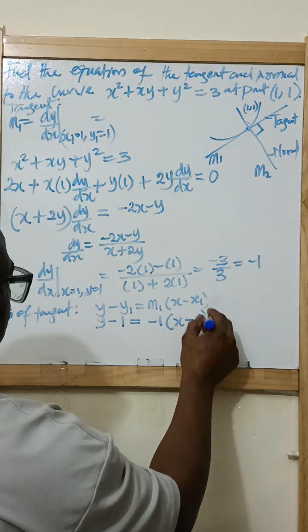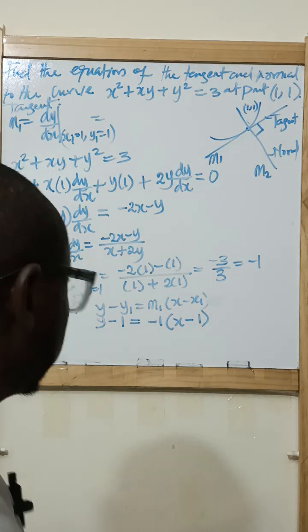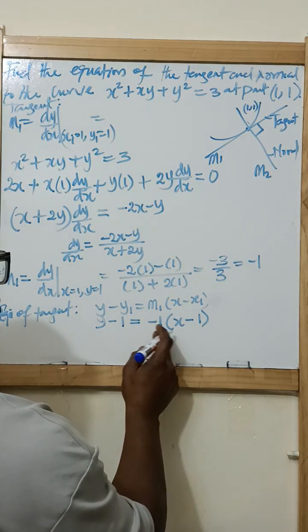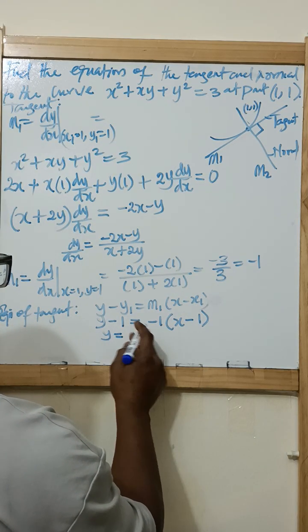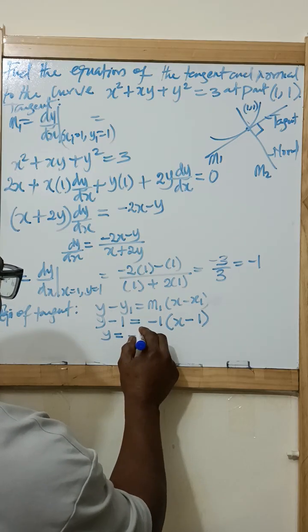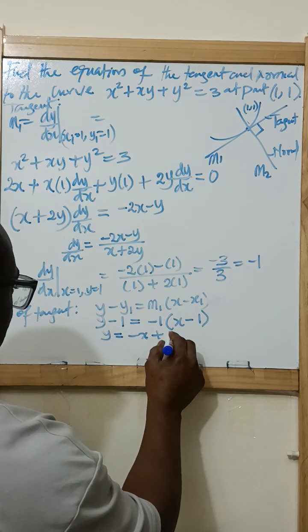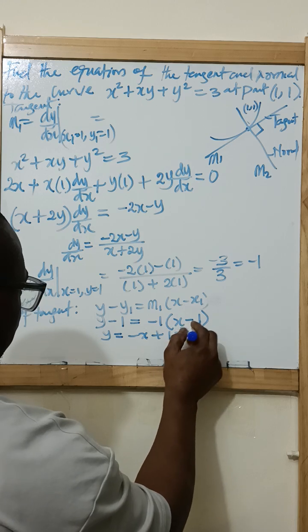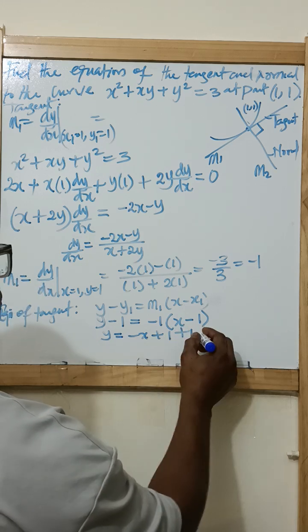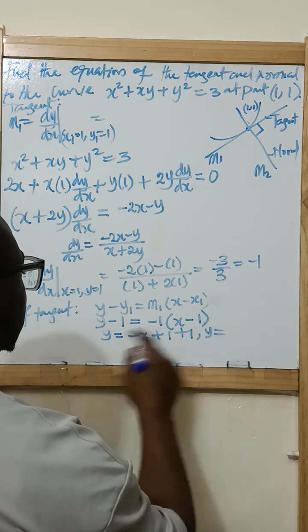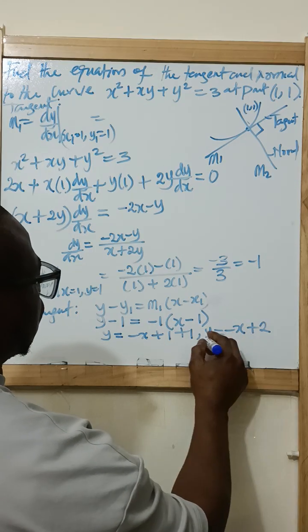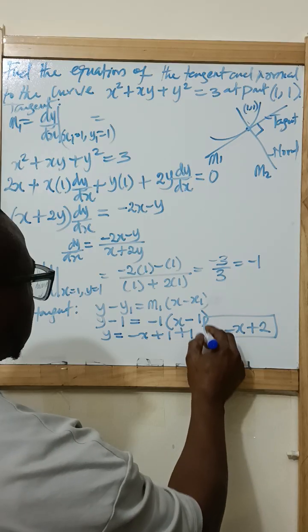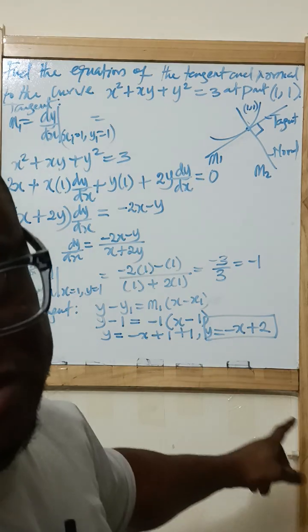So from here, if we open this bracket, that will be y, and if this one goes to the other side, it will be minus x plus 1. If this one comes here, plus 1. So y will become equal to minus x plus 2. Okay? So this is the equation of the tangent.